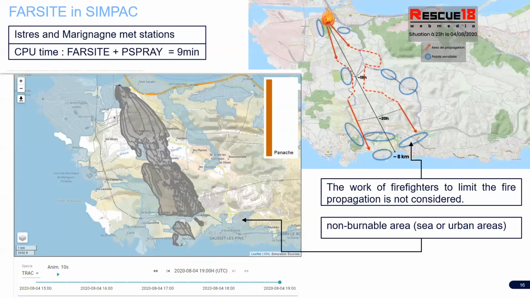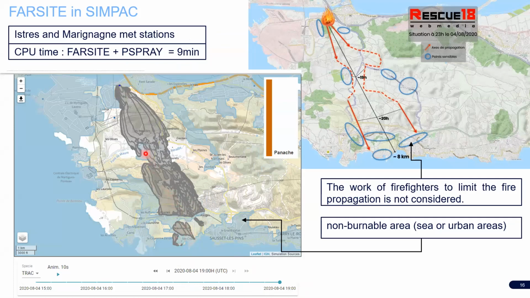Okay, so when the implementation was finished, we tried to reproduce this Martigues fire. The fire started here at 5 and ended here, you can read it, at 19 near the sea.